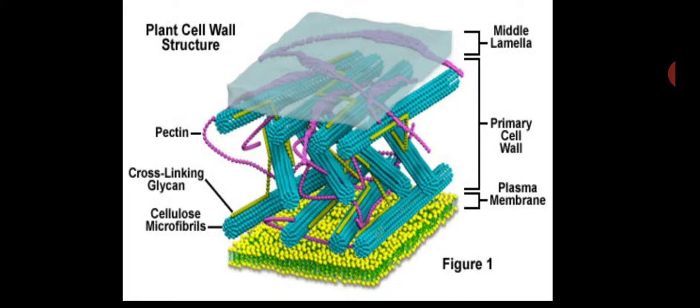So this is the primary cell wall. It is only 1 to 3 microns, a very thin layer. Moreover, it is permeable to water and almost all mineral ions.